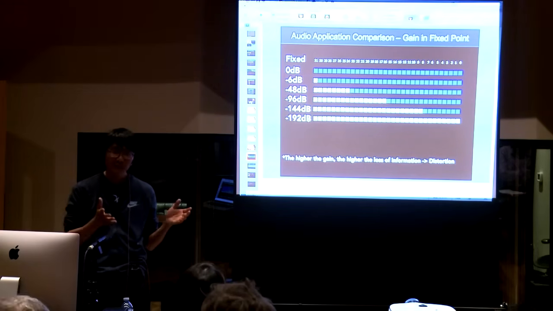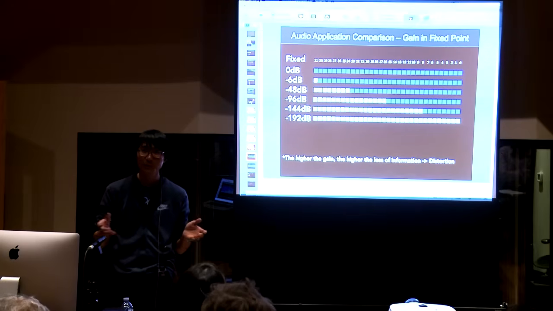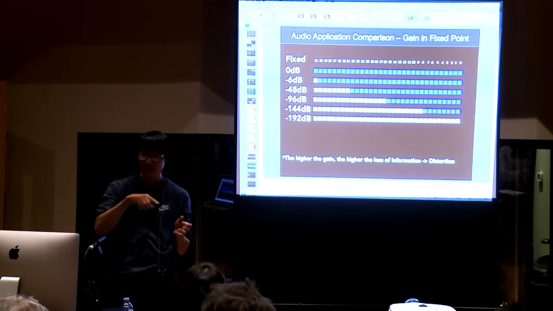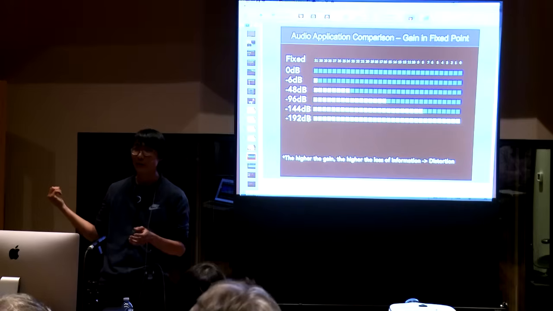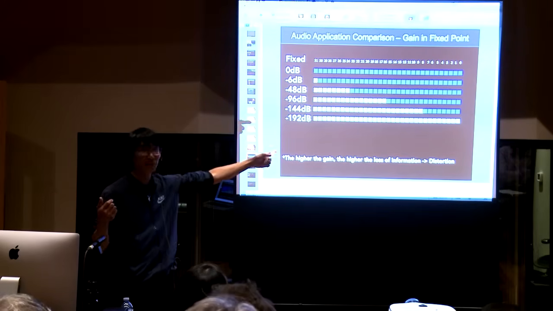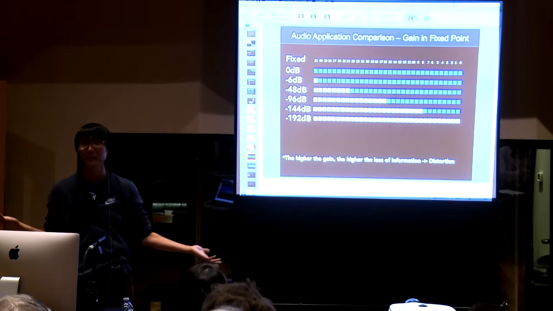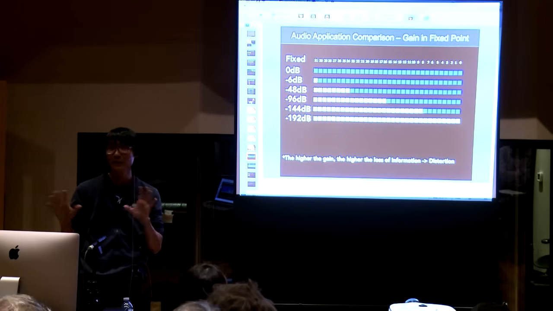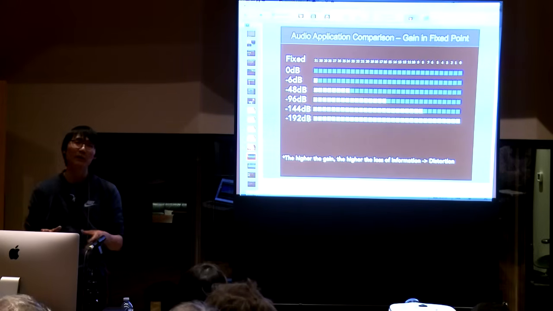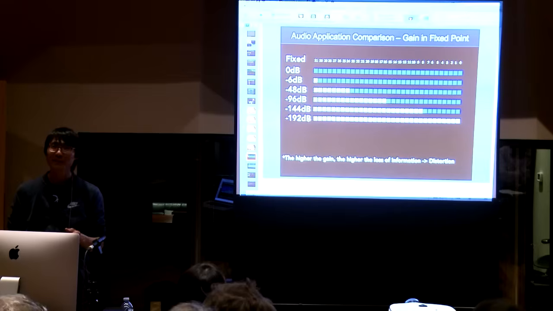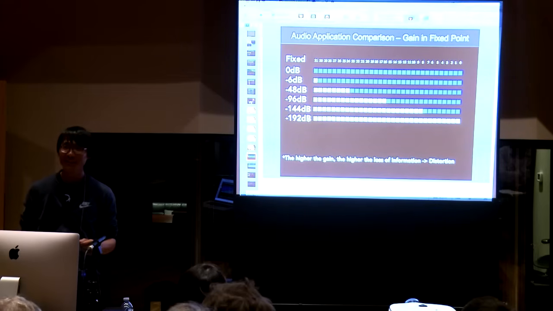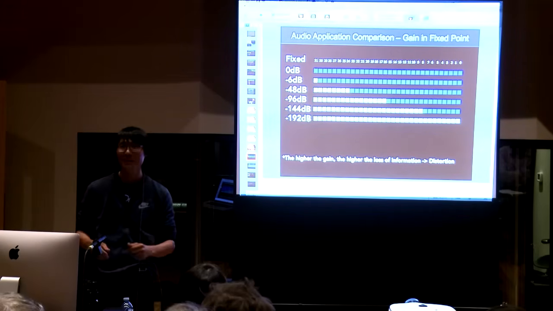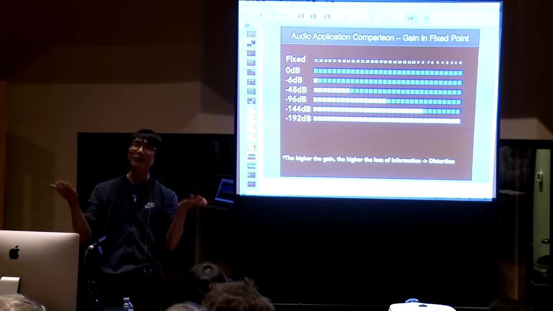But with fixed point, he just cannot do it, because once he does it this way, there will be no audio coming out because everything shifted becomes 0. Can't do anything, right? So that's the difference. Some argue that if a floating point system is messed up, you get distortion and noise. With fixed point, if you mess up, there's no sound. You just choose one.